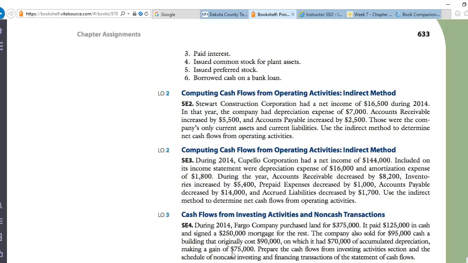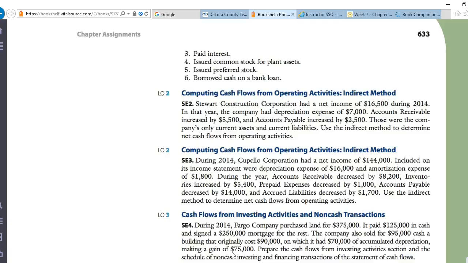So think about this. If our net income of $144 includes depreciation expense of $16, that reduced our net income, but it didn't utilize cash to reduce it. So to take our net income to figure out our cash, we're going to add back that depreciation because it didn't involve cash.